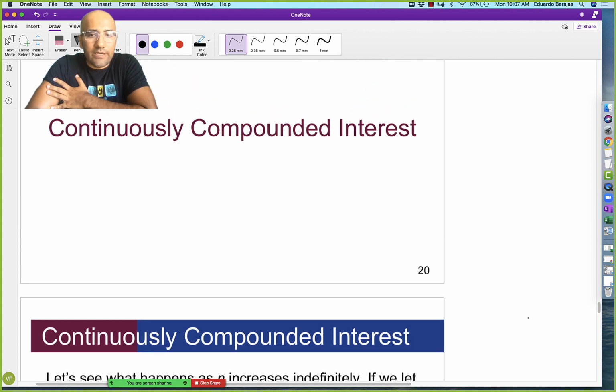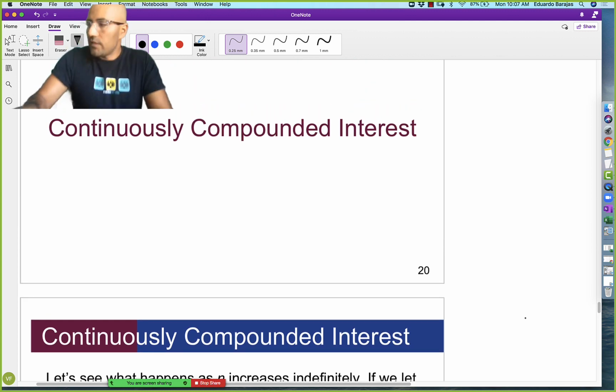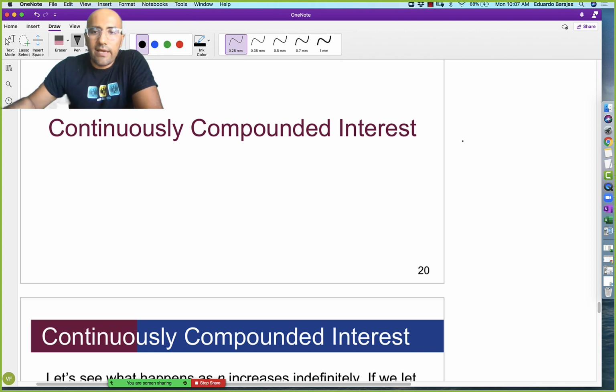Continuously compound interest. Remember that our formula for compound interest, we said that the formula was this guy. A of t, the balance at t years, was equal to the principal invested, P, times 1 plus r over n, raised to the power of nt. It was like that, right? And so we thought, okay, what if n equals 5, compounded 5 times per year?